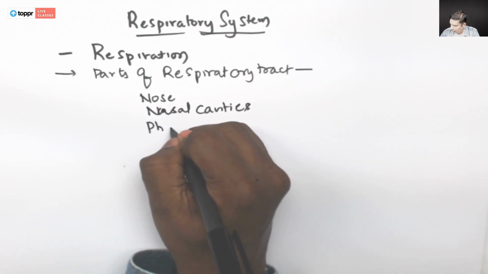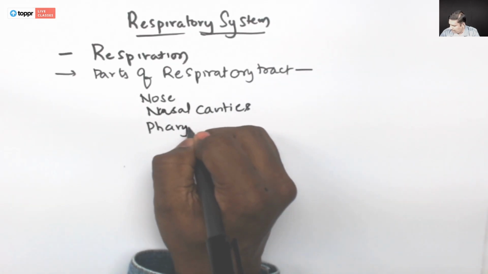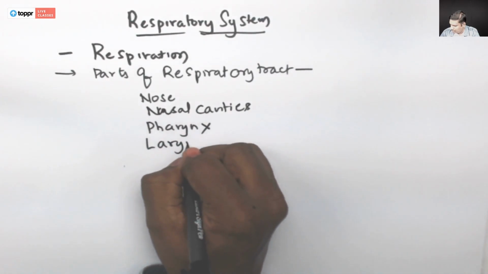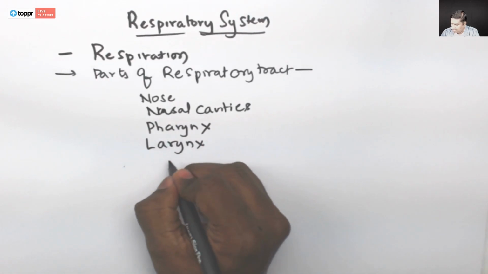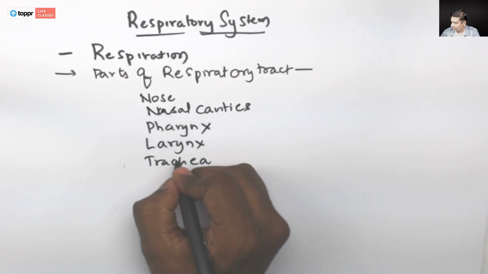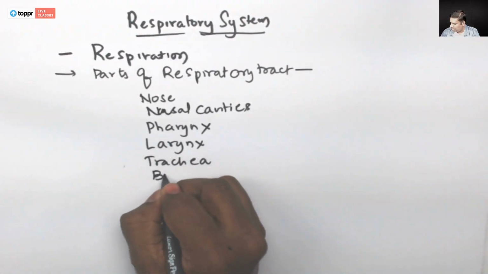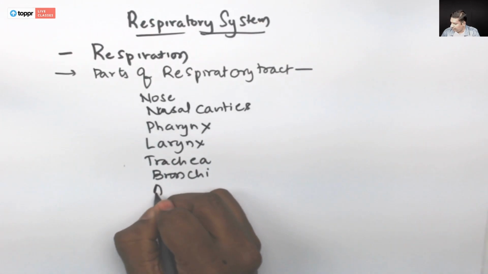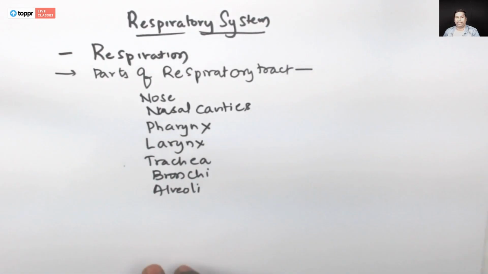Then going forward, pharynx. Then you have larynx. Then trachea, right? Bronchi, and finally alveoli.